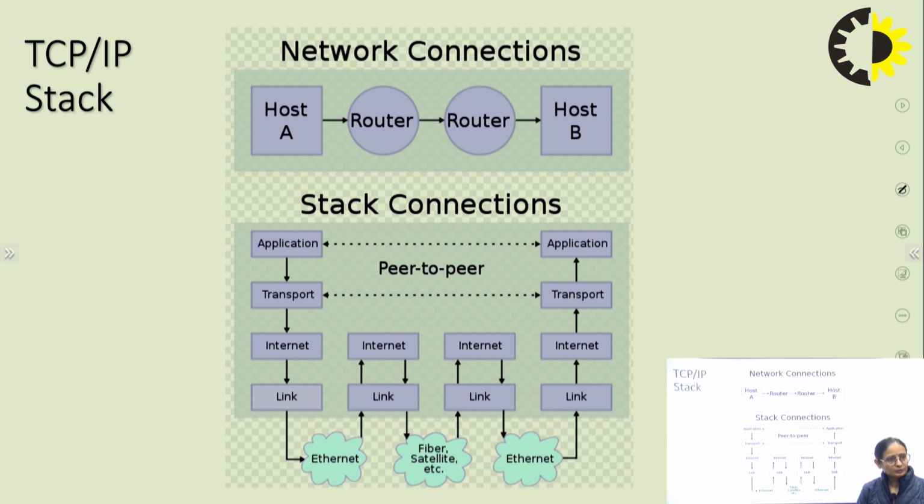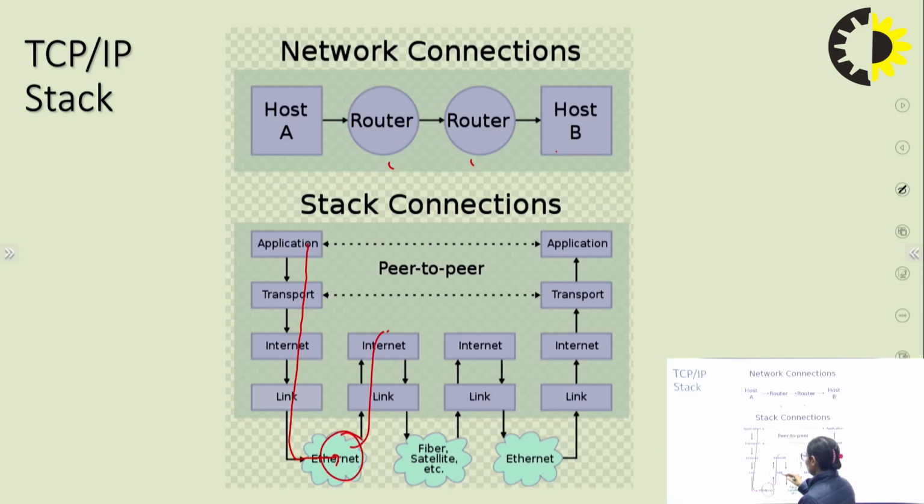So here is how the TCP IP protocol stack works. We have seen earlier that we are having network connections from host A to host B, and we are having routers, network devices. From application to transport to internet to link layer physically, the data is transmitted through the Ethernet to my router.